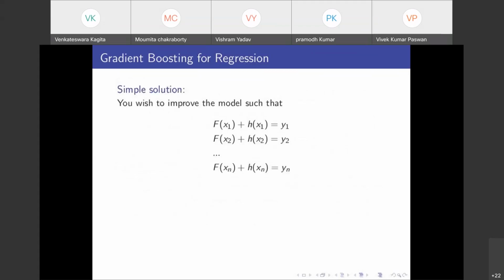So it means you wish to improve your model such that f of xi plus h of xi is equivalent to yi. Isn't it? Is it possible? Agree? So are you changing anything in f in this case? You're not removing anything from f, or changing any parameter of f, isn't it? Is the rule of the game satisfied or not?